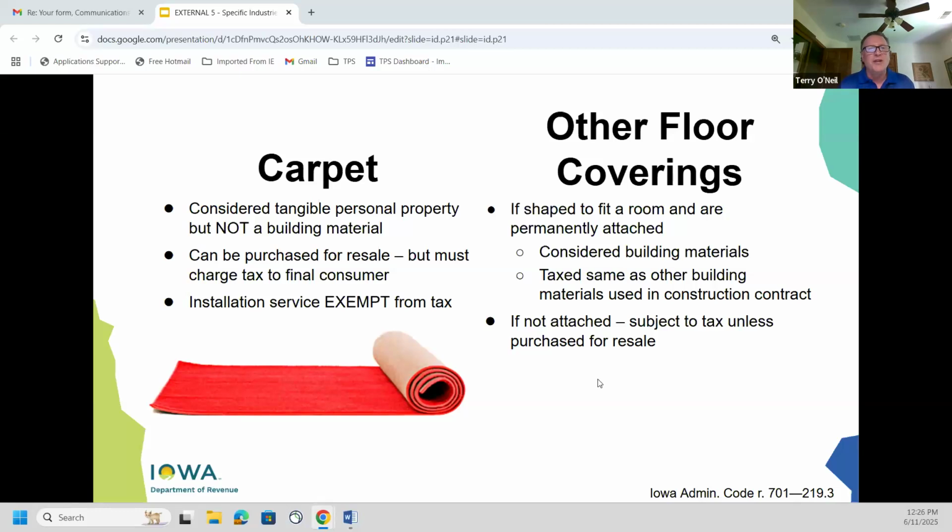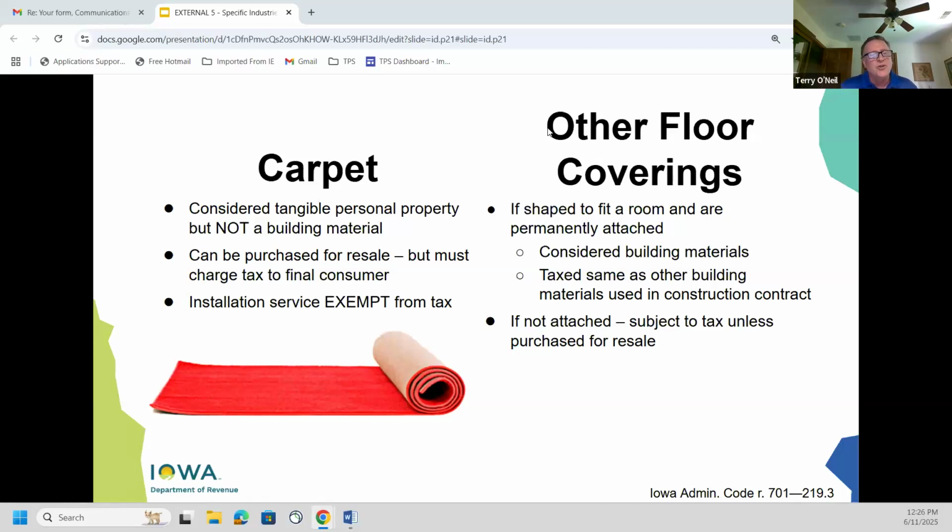They will purchase the carpeting materials, not pay tax on them. When they come to our house, they will put the carpet in, and they will charge us the applicable tax at that time. One thing to note, carpet installation is not one of our enumerated services. So since carpet installation is not enumerated, it is exempt from tax.